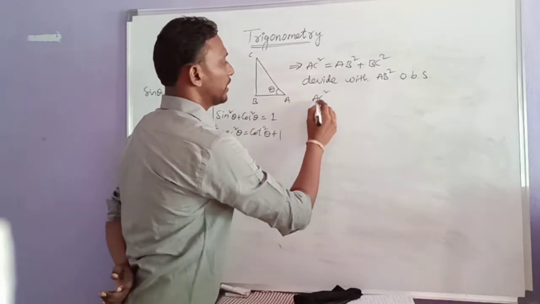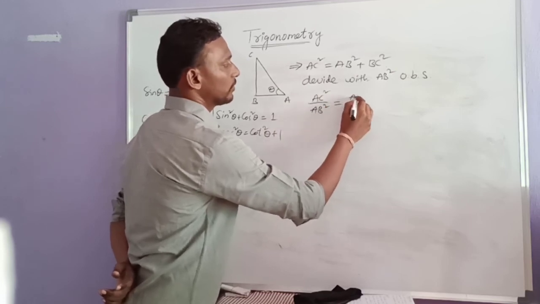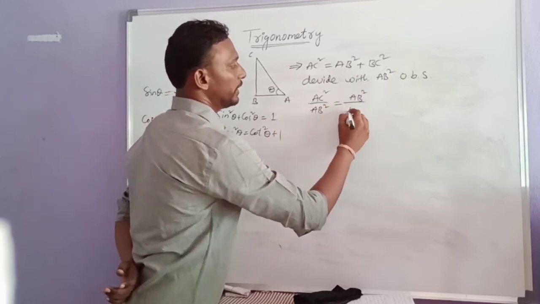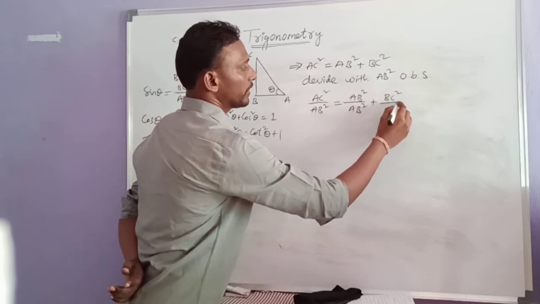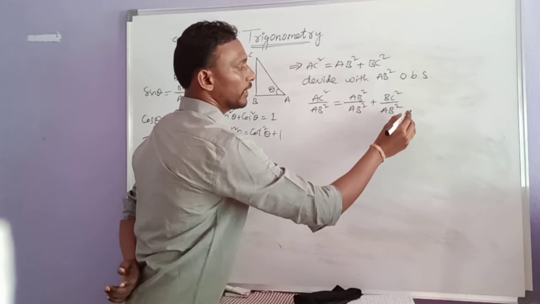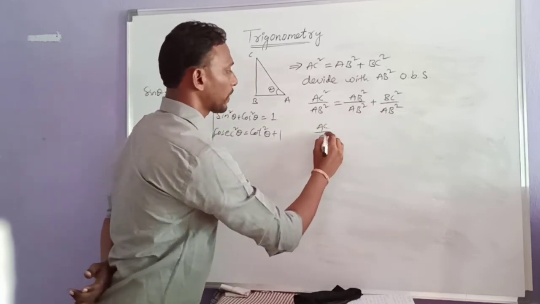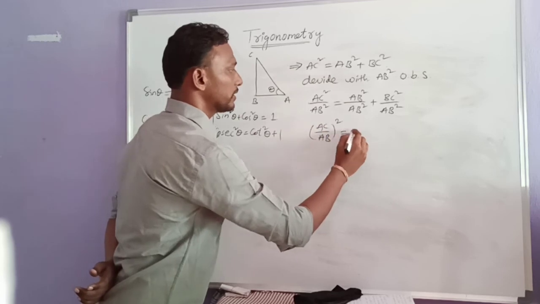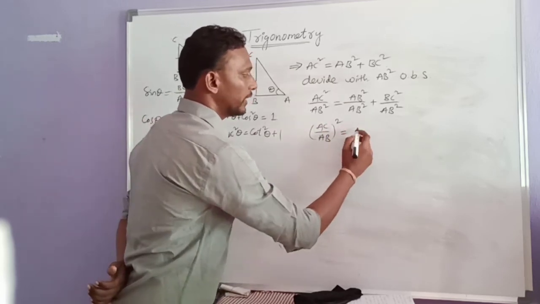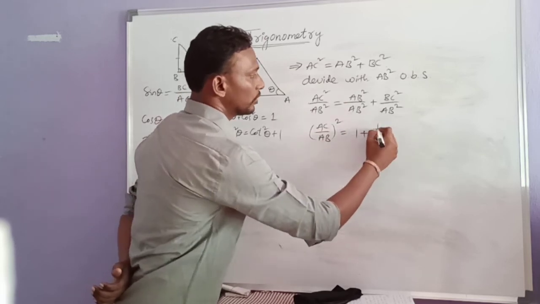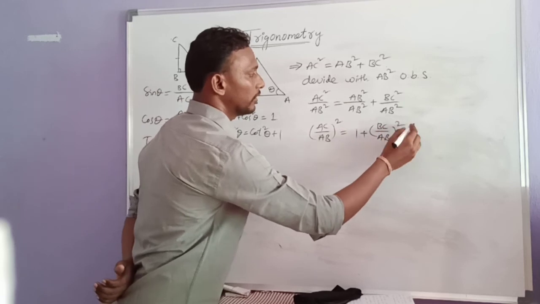So AC square by AB square is equal to AB square by AB square plus BC square by AB square. We can write this as AC by AB whole square is equal to 1 plus BC by AB whole square.